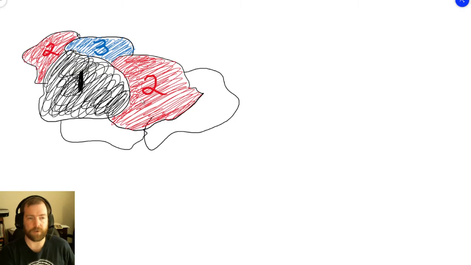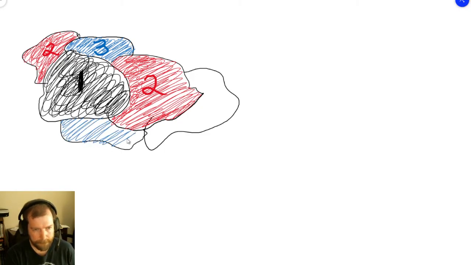So this one can be color 2 again, which also means that the next one over here can be color 3, which is going to be blue again. Because again, it just can't be black and can't be red. And then this one over here is touching numbers 2 and 3, but not number 1, so therefore it can be colored in with number 1.